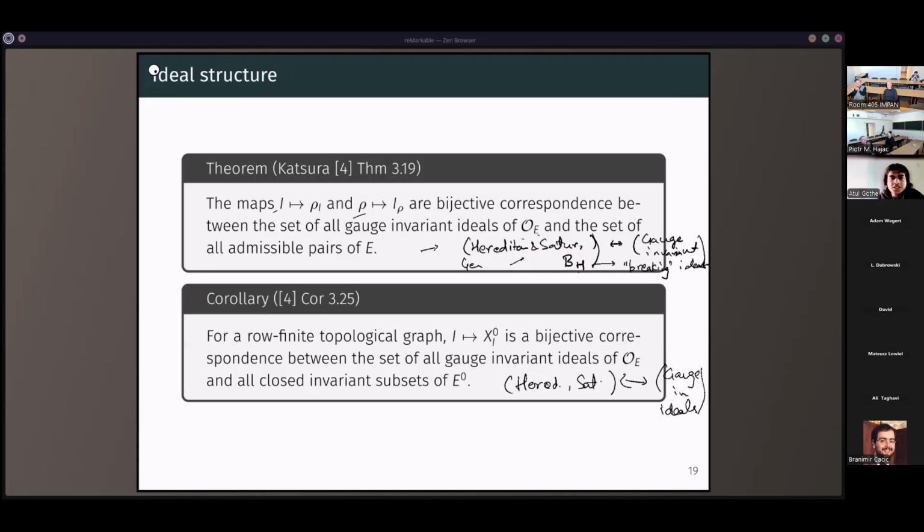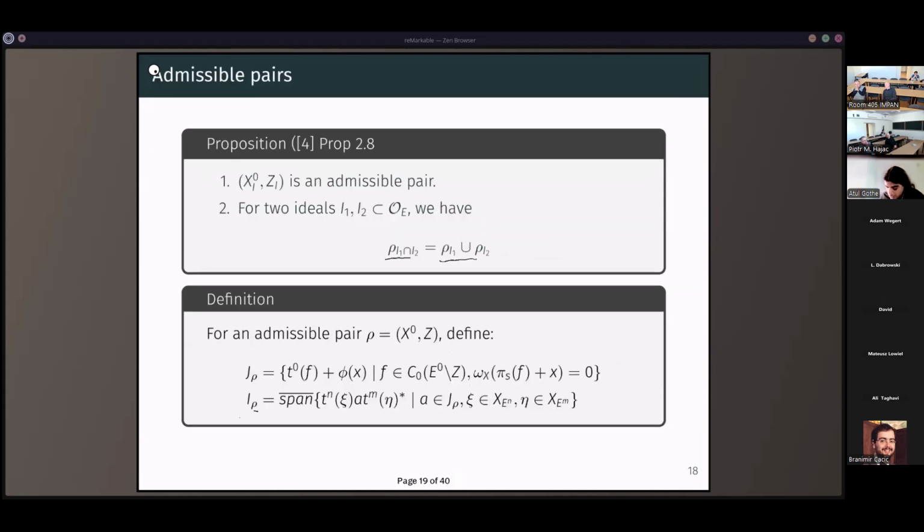Does that answer your question? Yeah. So in this theorem of Katsura, on one side you have all these admissible pairs. But what is on the side of ideals? Is it the same construction which was written before, in terms of I rho, compact operators? Yes. Any gauge invariant ideal comes from an admissible pair.